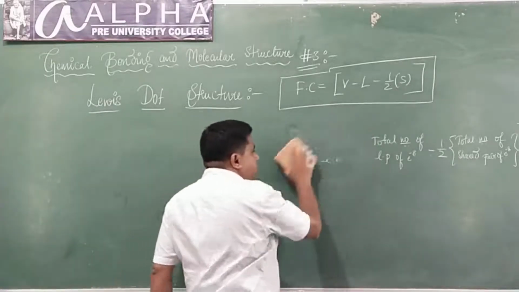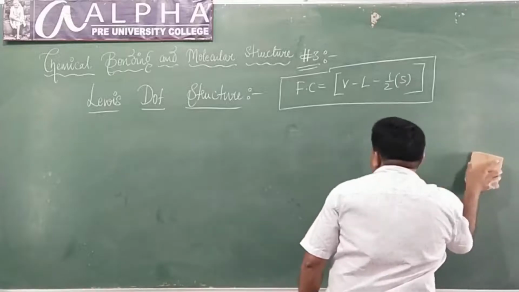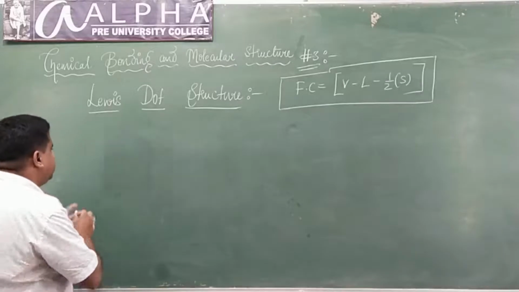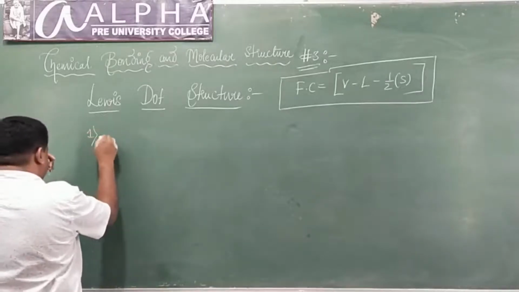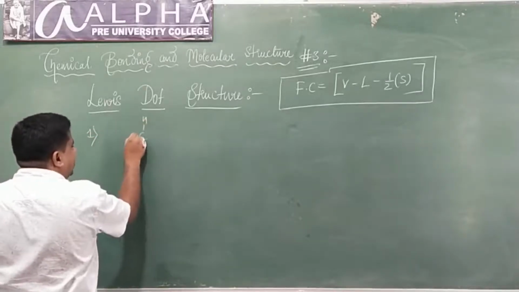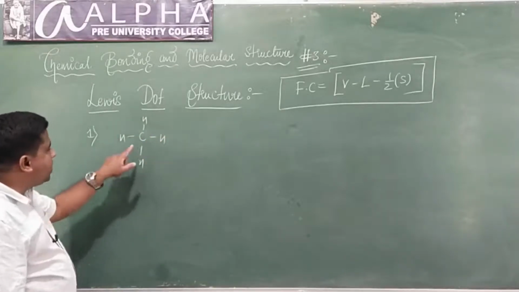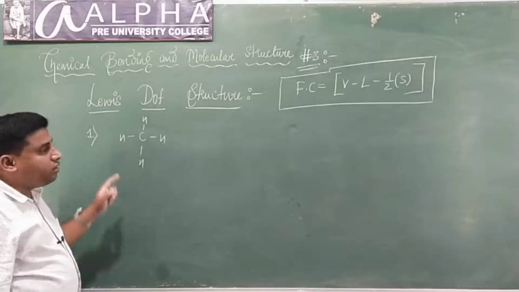I'll take some molecules here. For example, I'll take methane, CH4. Let us calculate the formal charge on carbon and on all the hydrogens.